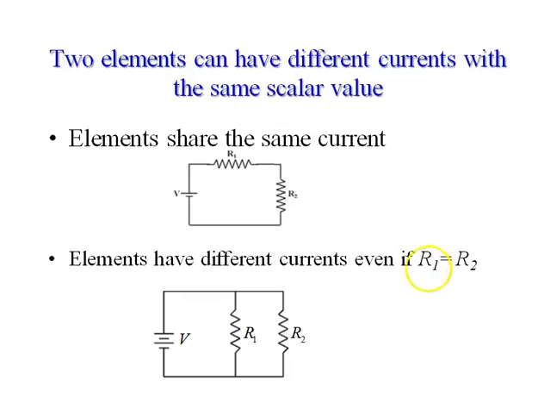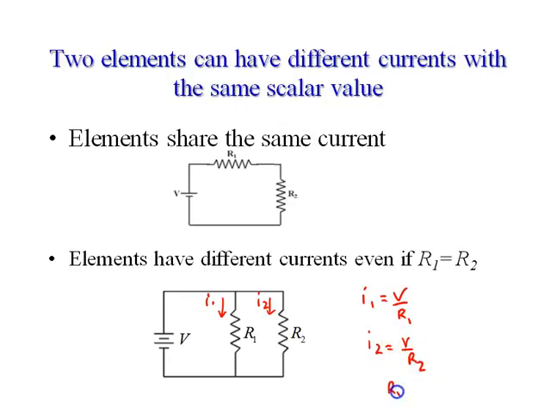Elements can have the same value of current but have different currents. For example, in this circuit, both these two resistors share the same potential difference. This battery is wired in parallel across R1 and R2. We could label I1 and I2, where we know from Ohm's law I1 is equal to V over R1 and I2 is equal to V over R2.